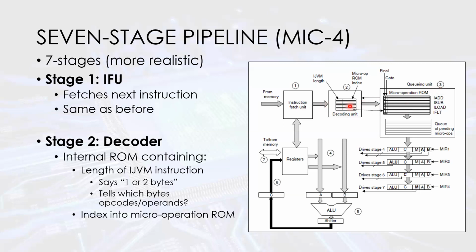So if we're doing an add, it's going to point to this chunk of micro instructions. If it's a load, it's going to point to this chunk. And then the length is basically saying how many micro instructions long it is. Is it 3? Is it 6? Whatever. So there it is. I explained it anyway, even though I said I wasn't going to.